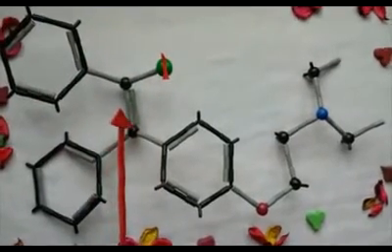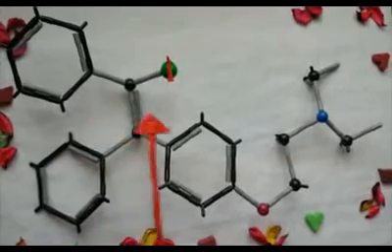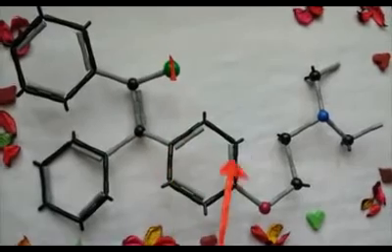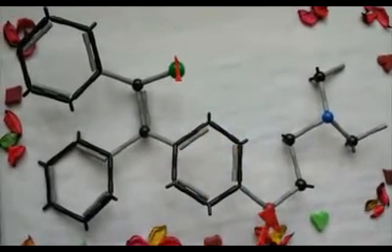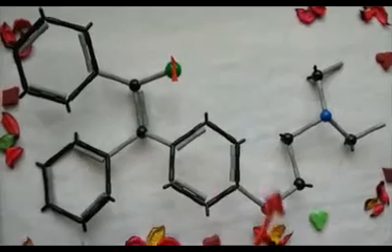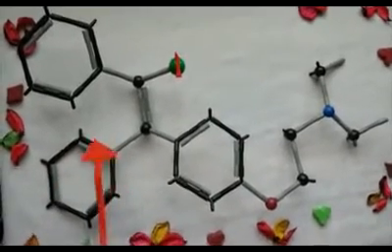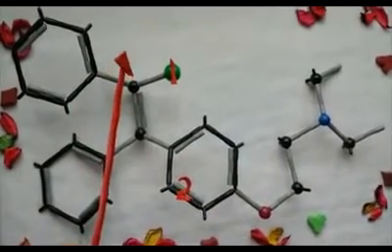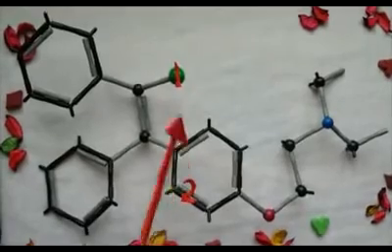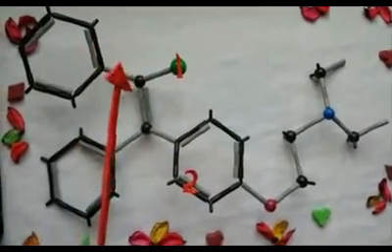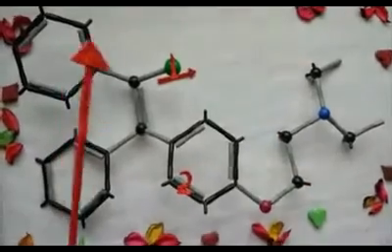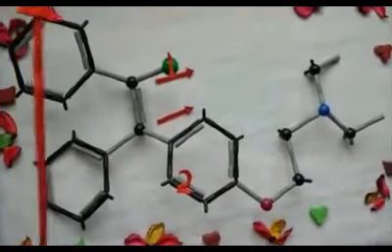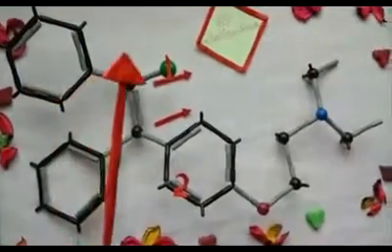On the second carbon, we compare the substituents and take this benzene ring because it contains an oxygen atom, versus this benzene without oxygen, and make this ring number 2. Third, when we compare number 1 and 2, we find they are in the same direction. This and this are in the same direction, and this structure is called cis-clomiphene.